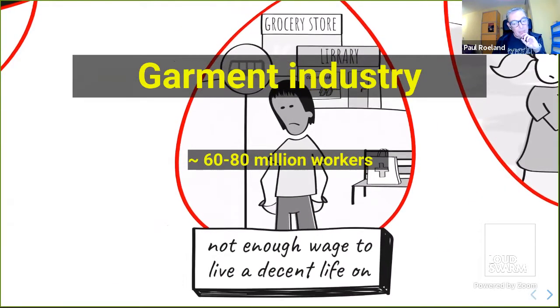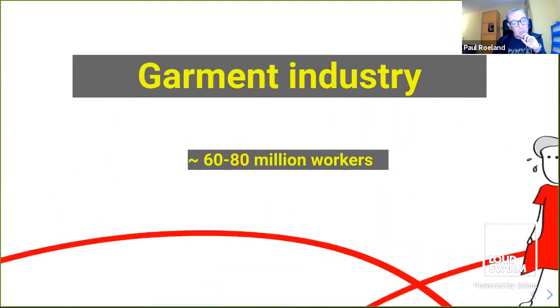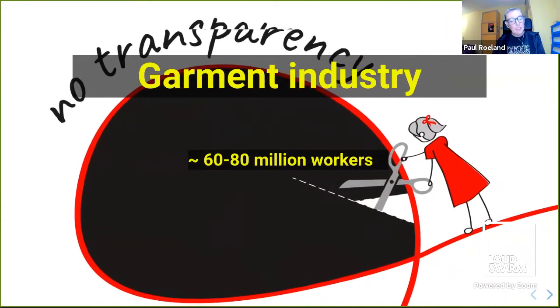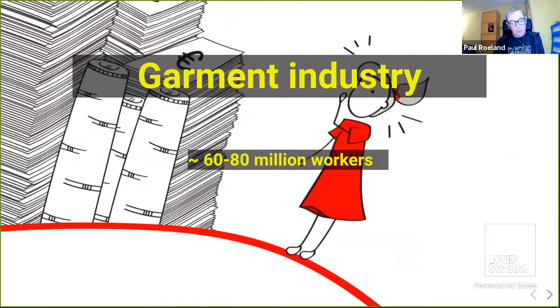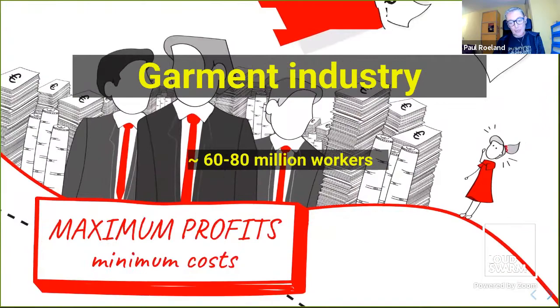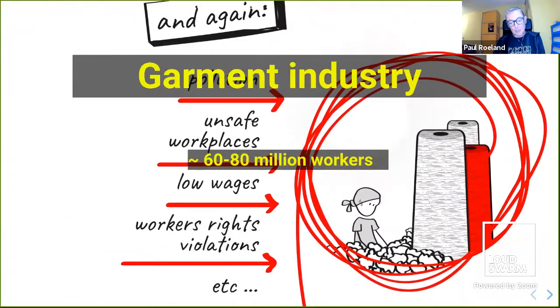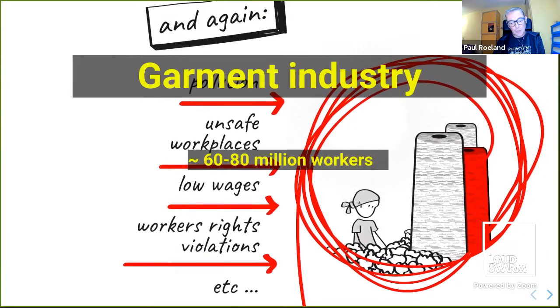And it's also heavily gendered. There is an estimated 60 to 80 million workers globally. The fact that this is an estimate already tells you that the supply chains are very opaque, not very transparent, but this is the best estimate that most people come up with.